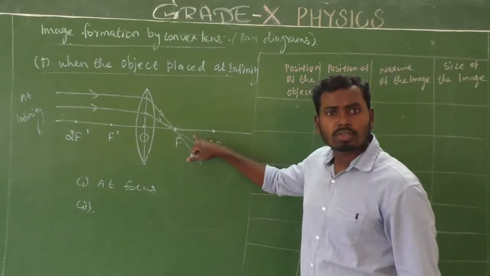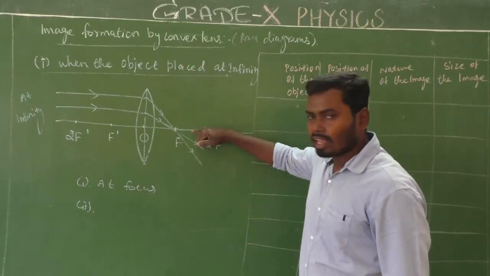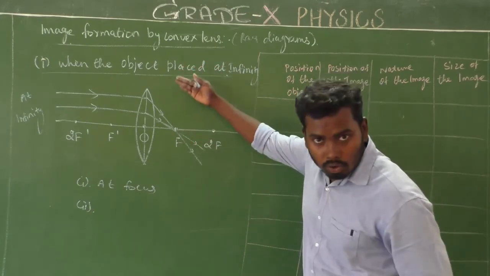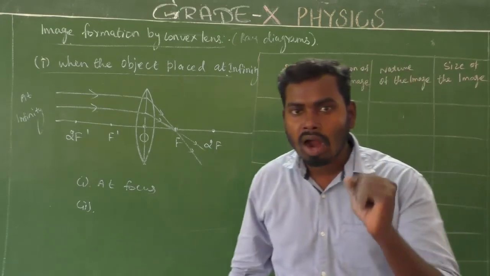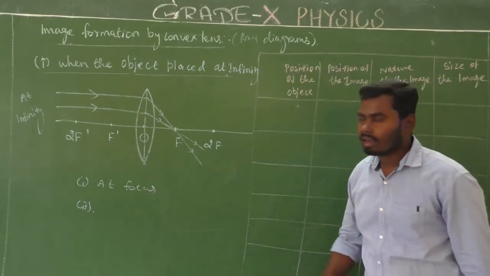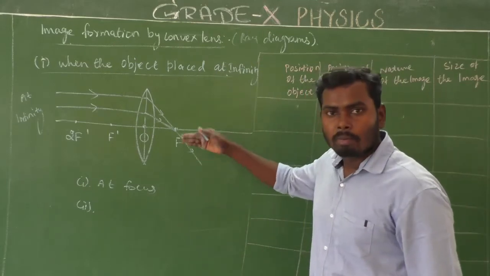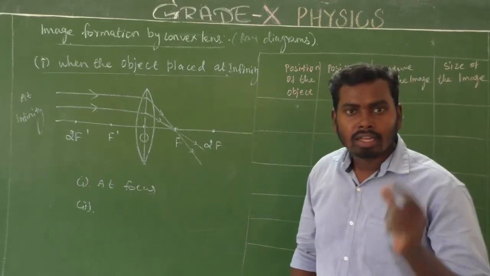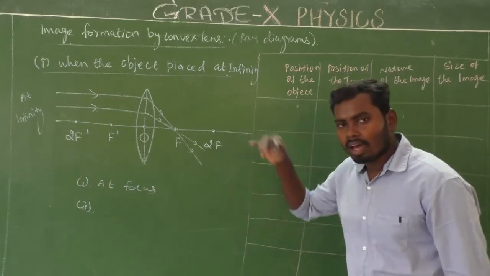If the image is formed above the principal axis, that is considered as a virtual image. Am I right? Suppose the image is formed below the principal axis, that is considered as a real image. Am I right?